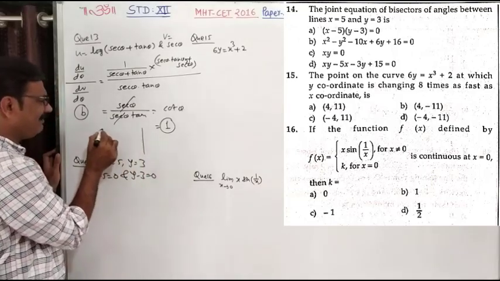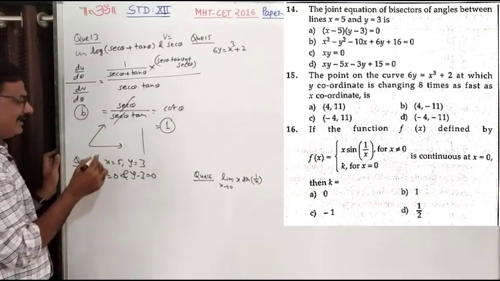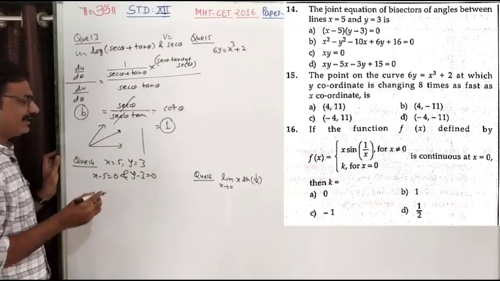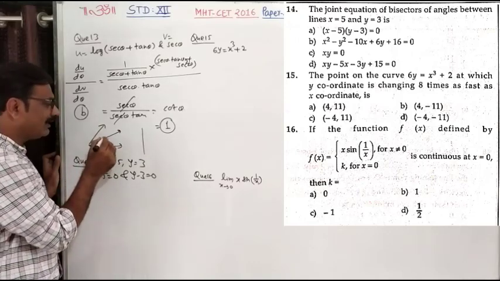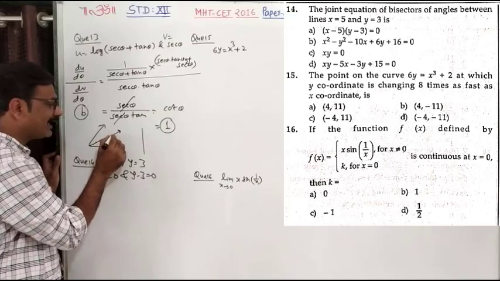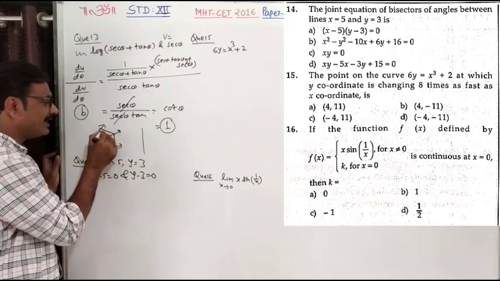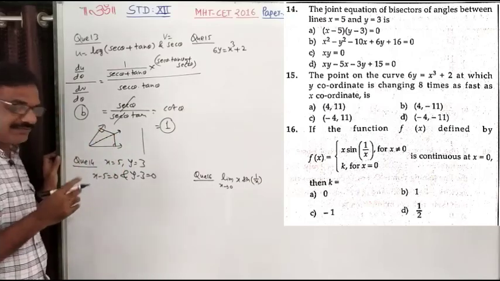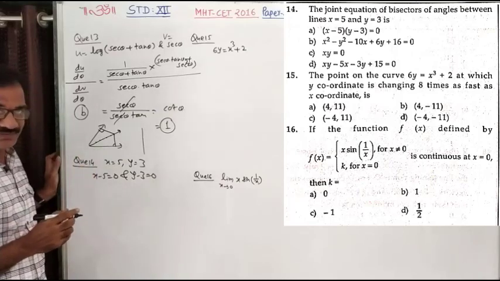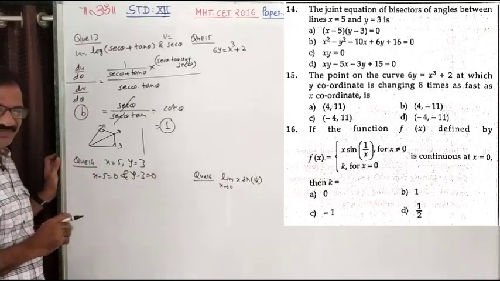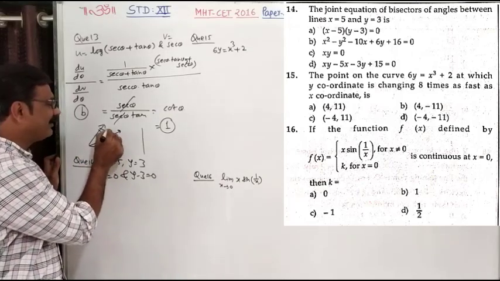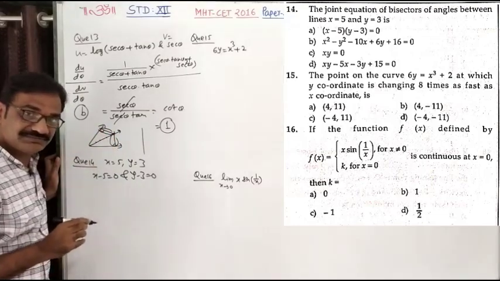Any bisector, suppose this is an angle, ये है आपका bisector, कहीं भी आप अगर जाते हैं, any point on the bisector must be equidistant from the rays, from the sides. We use this concept. So these perpendicular distances are equal.